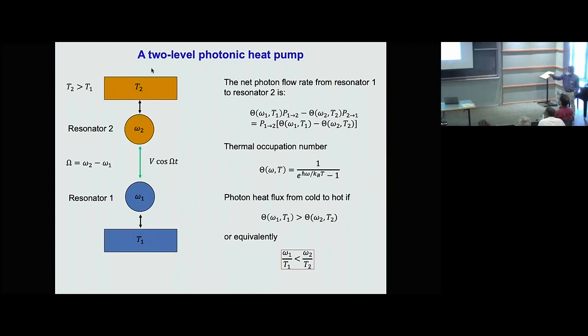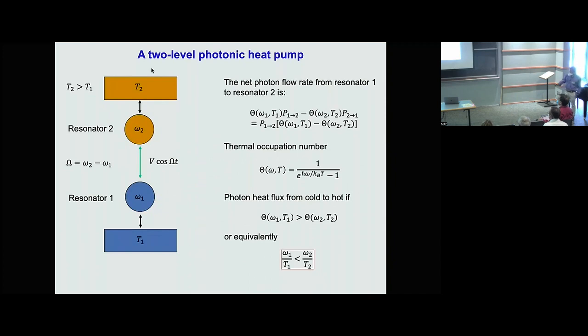do is you connect the resonator 1 to a low temperature reservoir at T1, and you connect the resonator 2 to a high temperature reservoir at T2. So in this case, here is the formula of the thermal occupation number.